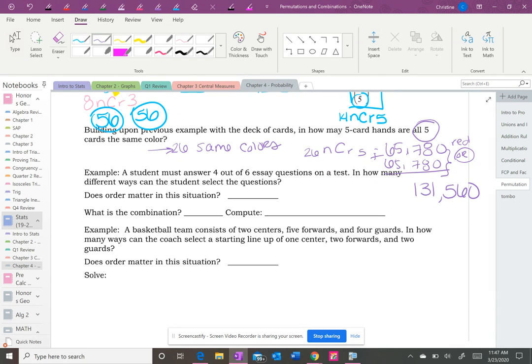Okay, so probably the hardest part about this whole thing is determining what you have to use, if it's NPR or NCR. So look at these two examples. This one says a student has to answer 4 out of 6 essay questions on a test. How many ways can they select the questions? So the order in this case does not matter. You're going to pick 4 questions no matter what. So you have 6.